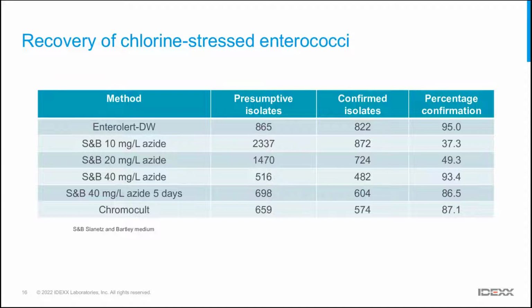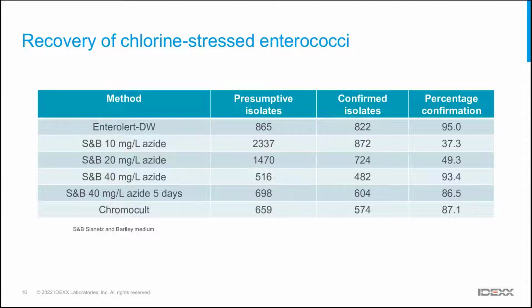And what we can see is that in terms of the Slanetz and Bartley medium, when the azide concentration is reduced from the typical level that's used in culture media of 40 milligrams per liter, the number of isolates that were detected in this study increased dramatically.